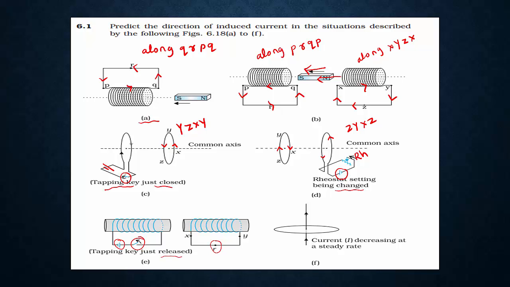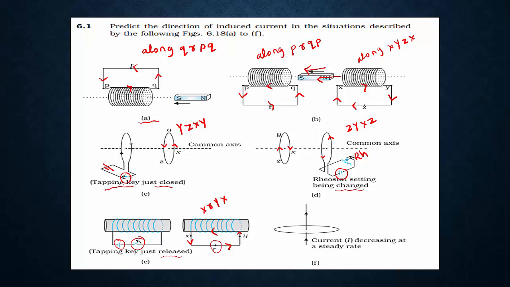When the tapping key is just released, in which direction is the current flowing? We know that when the tap key is released, the current decreases, the flux also decreases, and an induced EMF takes place in the second coil, and this current is moving in the clockwise direction. So we can take X, R, Y, X.